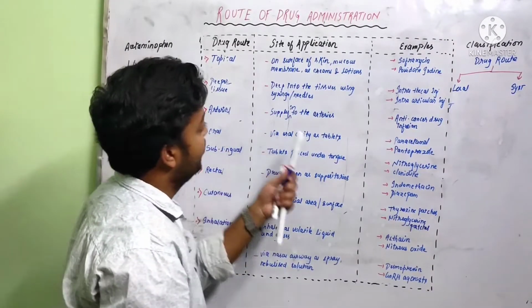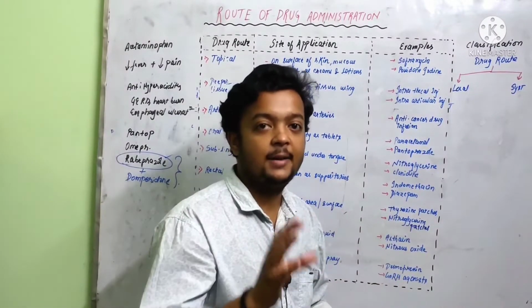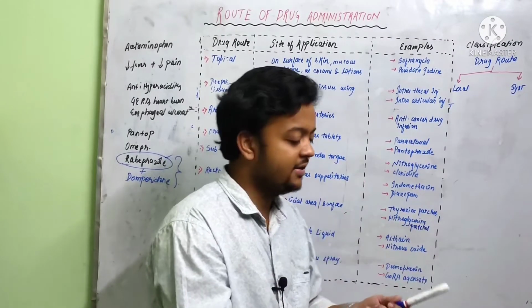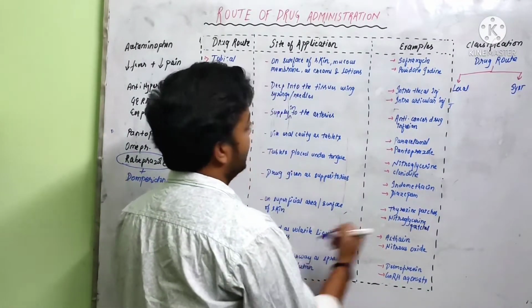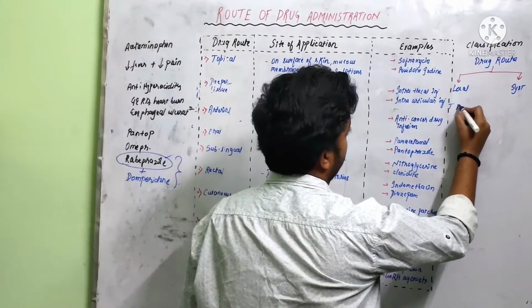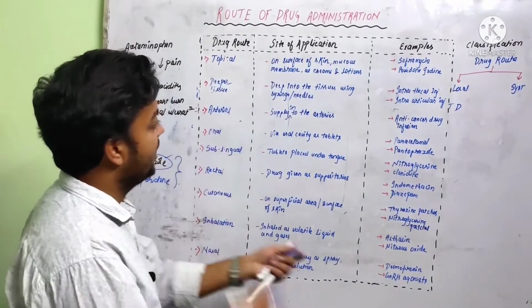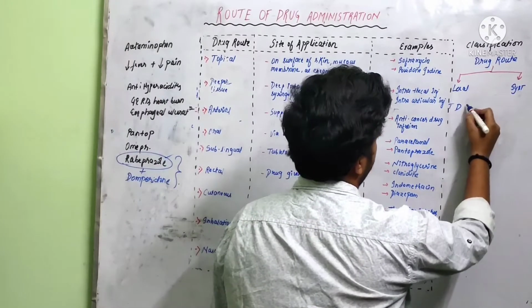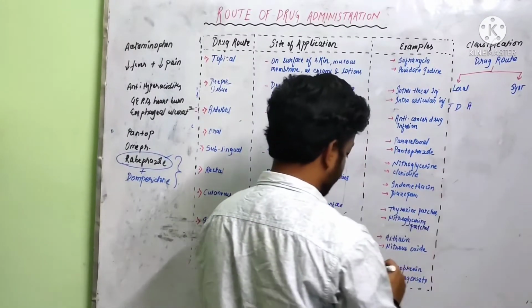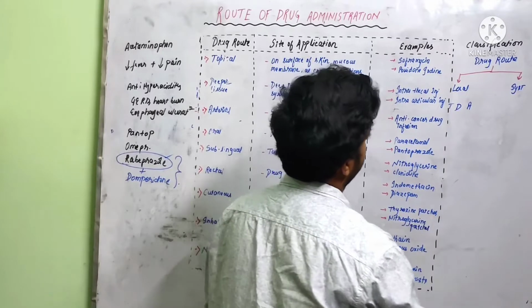We use the needles only in a particular site, like the articular capsule, which is a particular localized area. So deeper tissues also come into the local route of drug administration. And arterial, meaning into the arteries, also comes into the local route of drug administration. Let's draw the lines here.